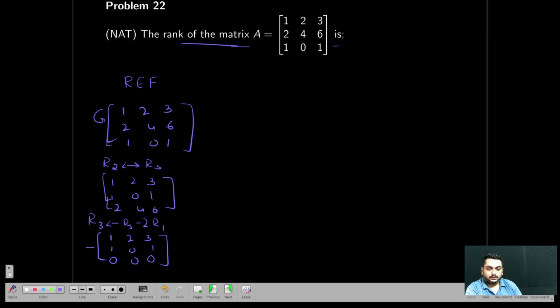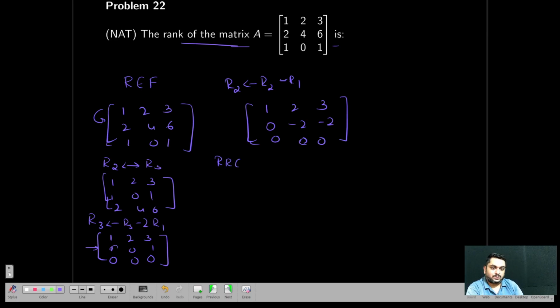Now convert it into row echelon, make this element 0. That is R2 is R2 minus R1: 1, 2, 3, 0, minus 2, minus 2, 0, 0, 0. So this is now in row echelon form. If I want reduced row echelon form, all the pivot elements will be 1.